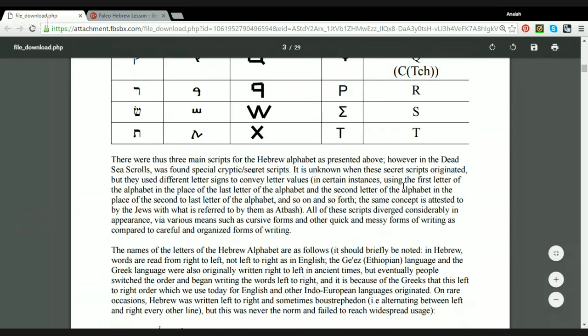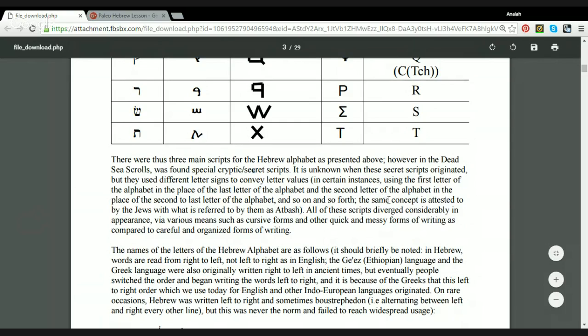It is unknown when these secret scripts originated, but they used different letter signs to convey letter values. In certain instances, using the first letter of the alphabet in the place of the last letter of the alphabet, and the second letter of the alphabet in the place of the second to last letter of the alphabet, and so on and so forth.